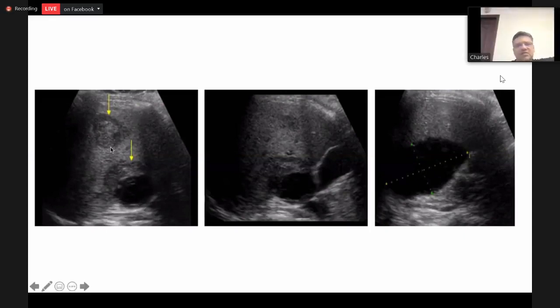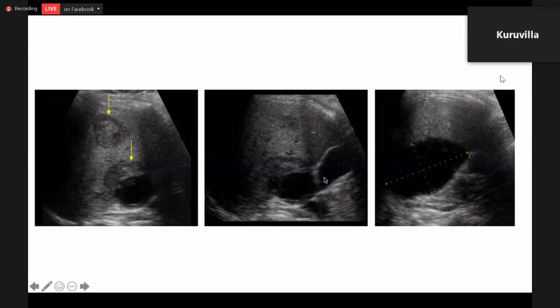Not exactly. You can see two lesions here. You call it heteroechoic. You can see hyperechoic areas and hypoechoic areas surrounding them. Again, you are seeing a second lesion here, and this lesion looks like it has blood. There's a hematoma here. What you're seeing is a hematoma, it's not the bile ducts.